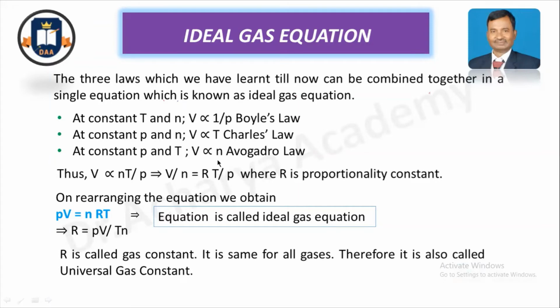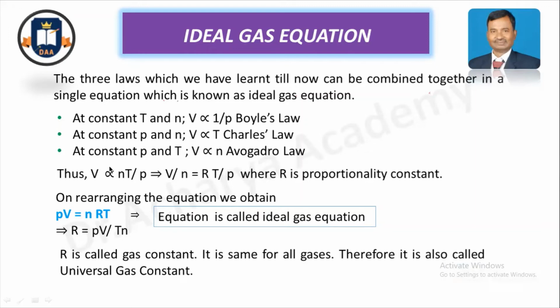So if you combine all three, mathematically, V is proportional to n and T, and also to 1 by P. So V is proportional to nT by P. You can rearrange this equation so that V by n is RT by P. R is a constant.